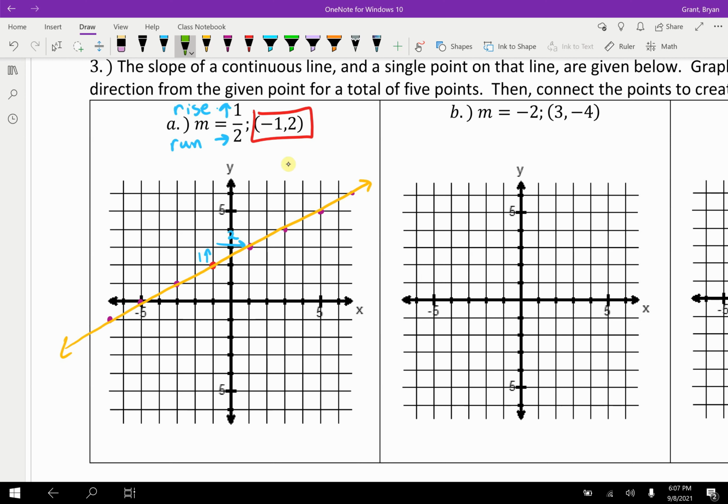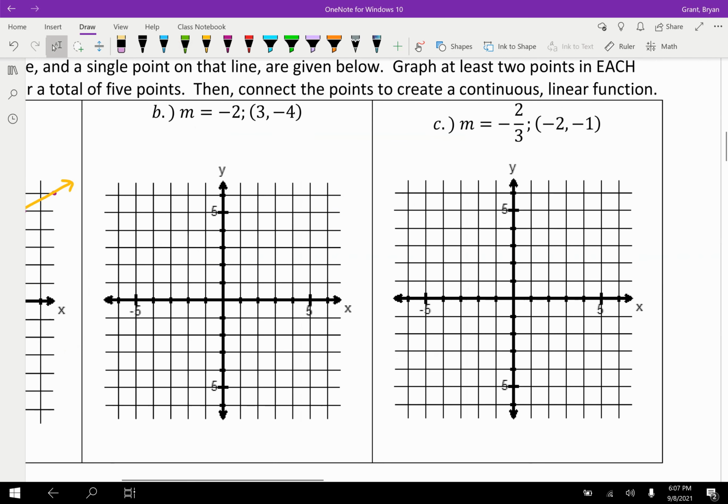Look, even if I didn't pick a nice point, if I picked this point in the middle, I could still go up approximately 1 and over 2, and I still end up on the line. All we need to create a line is a single point and a slope. And keep that in mind because we're going to come back to it a bunch today. A single point and a slope is enough to create a line.